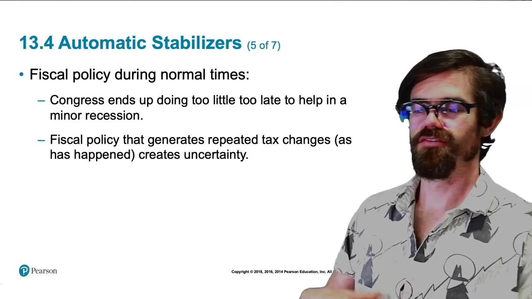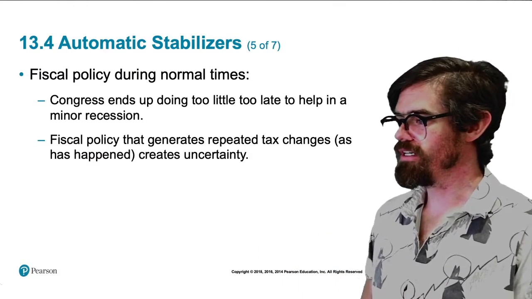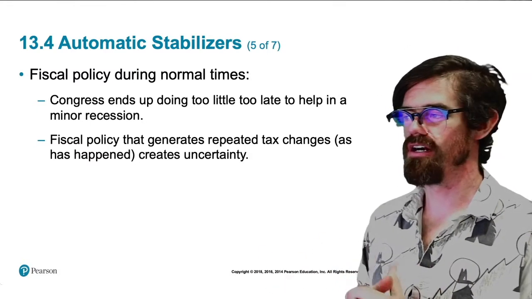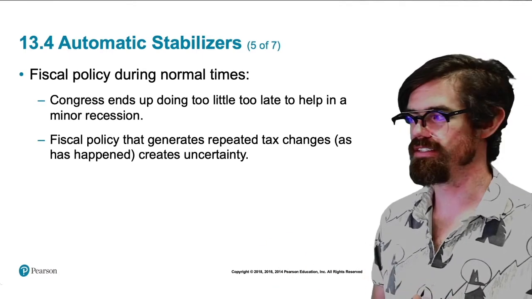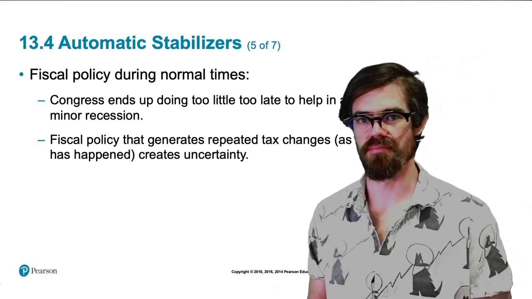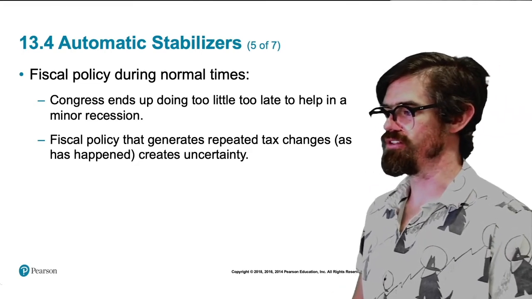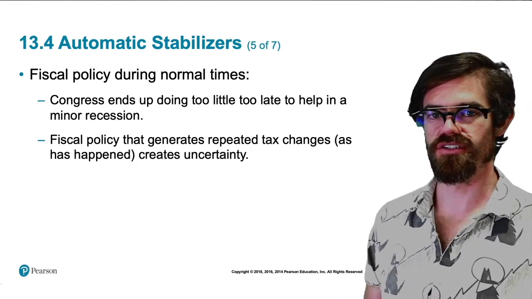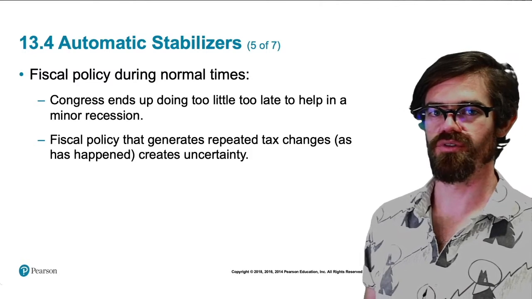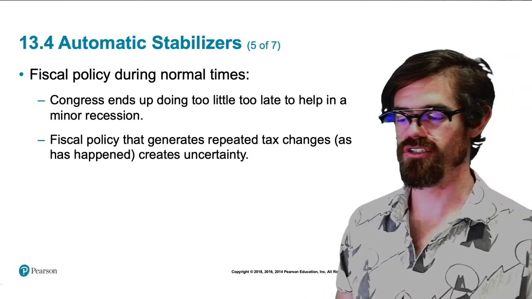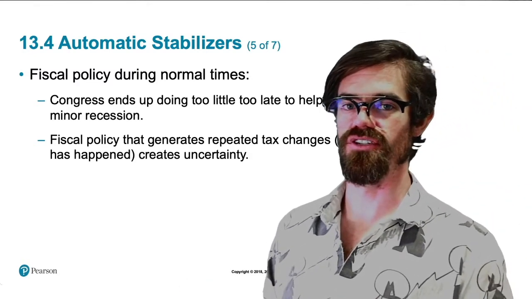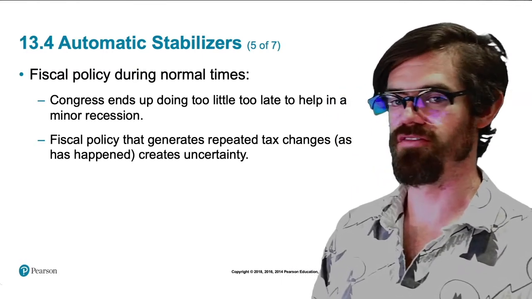All right, so fiscal policy during normal times, quite frequently Congress ends up doing too little too late to help in the cases of a minor recession. And fiscal policy that generates repeated tax changes creates uncertainty, which we saw in that behavioral example can push the multiplier close to zero, meaning that there's actually no impact of government spending or fiscal policy.